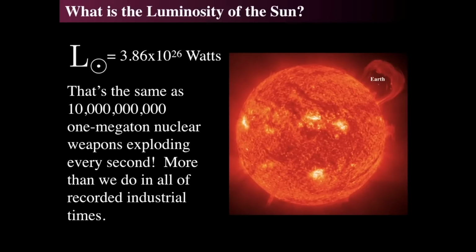Now, how many 1 megaton nuclear weapons do we have on the surface of the Earth? At the height of the Cold War, it was on the order of a few thousand, or 10,000 or so. Basically, there's more happening in the center of the sun than all the nuclear weapons, maybe 500,000 times the total number. Multiply out the total number of nuclear weapons ever constructed by the entire human race since we started building and detonating them in the 1940s.